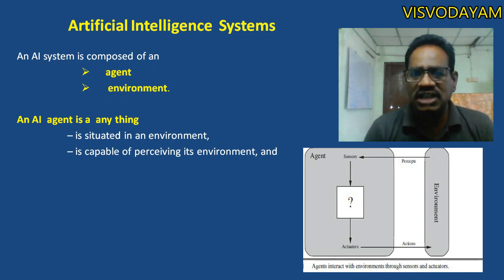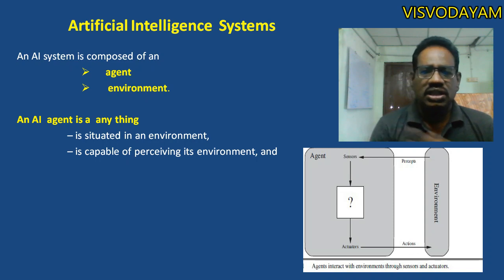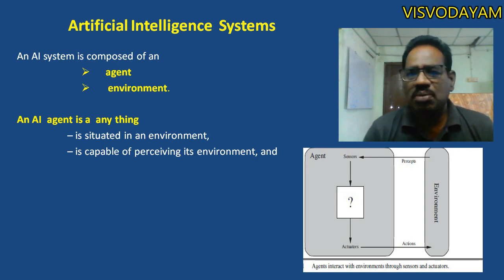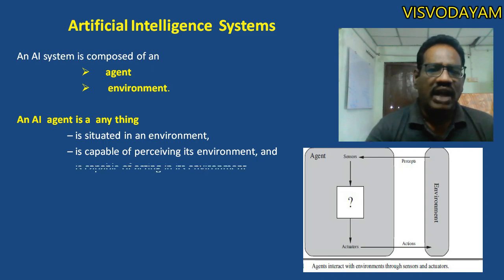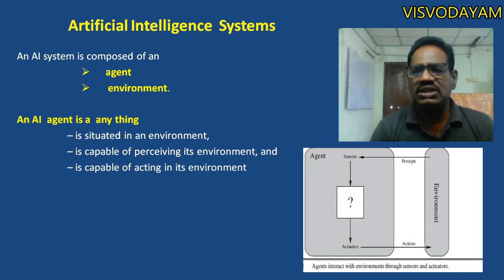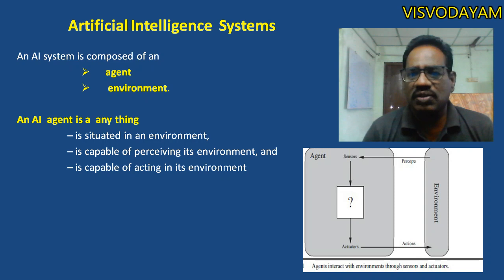Suppose the agent is designed for a particular purpose, then it should be able to perceive the environment through its sensors, and it is capable of doing certain actions on the environment for which it is designed.